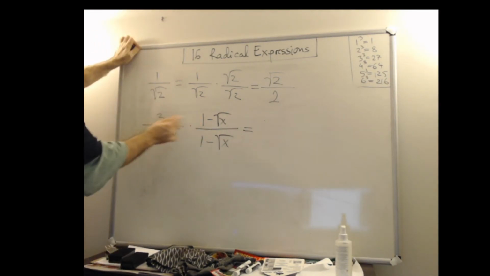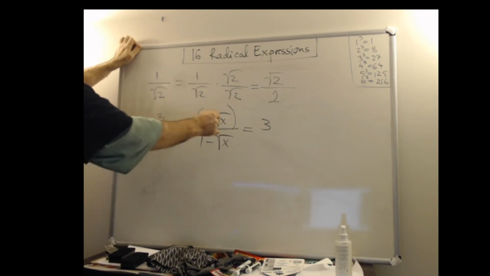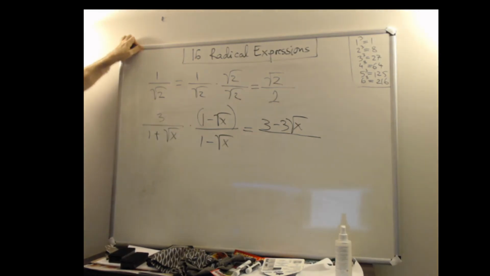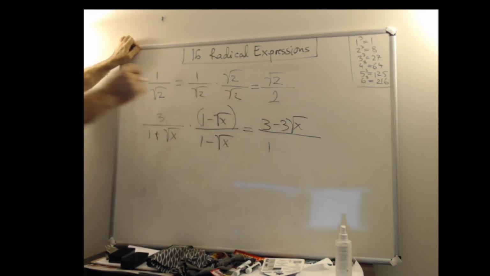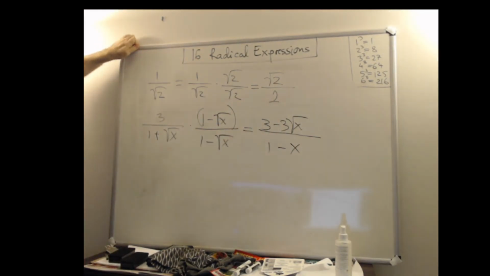You have to multiply 3 with both of these, right? 3 times 1, 3 times this. Okay? That's the top. The bottom is A plus B, A minus B. A squared, 1 squared, minus the square of radical x. Fantastic. I got rid of the radical in the denominator.